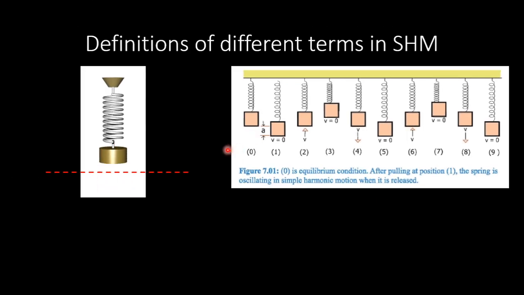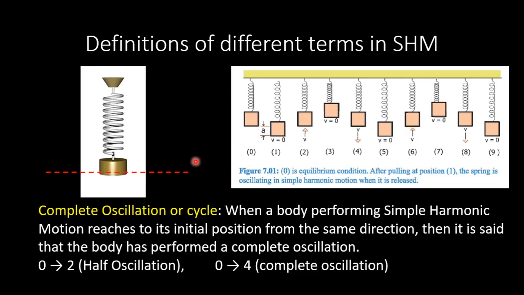Now we will understand what is called a complete oscillation or cycle. What is called one complete oscillation? When a body performing simple harmonic motion reaches its initial position from the same direction, then it is said that the body has performed a complete oscillation.